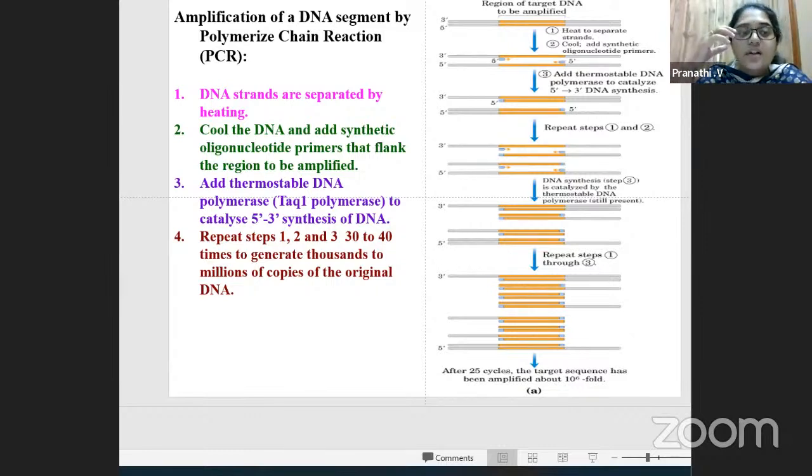Then you also have the transformation of the host cells, so that they become competent. The bacterial cell membrane is not permeable to DNA, but it is made permeable by adding certain salts such as calcium chloride, and also by high voltage and increased temperature, because of which the porosity of the cell wall increases.